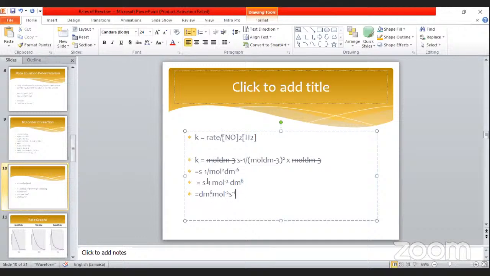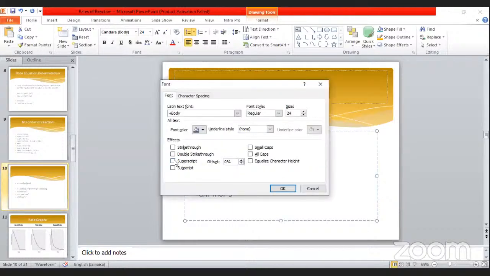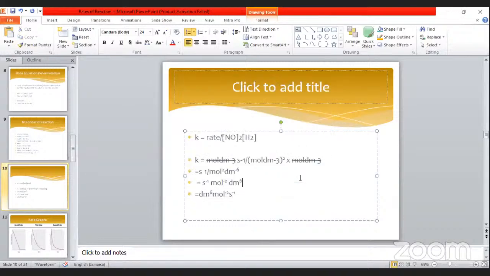Laws of indices. I'm trying to remember the mathematical law, but I have not taught math in so long that I can't remember the exact law. So if you divide, you subtract. If you are multiplying, you add. If you are squaring, cubing, anything like that, then you multiply the indices together.